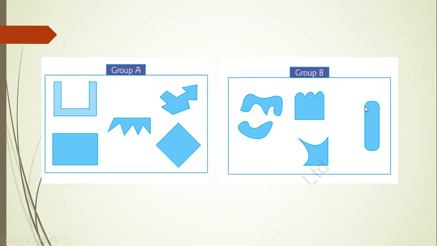Whereas in Group B, we have segments and a few curved lines, a few irregular lines, or a few semicircular or other shapes. So Group A is only having line segments and Group B is not having only line segments.